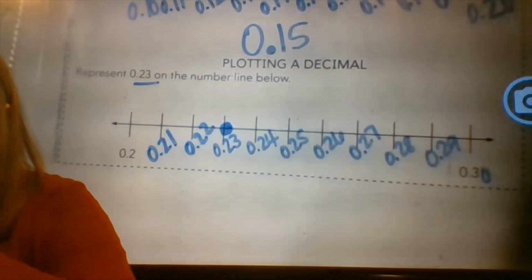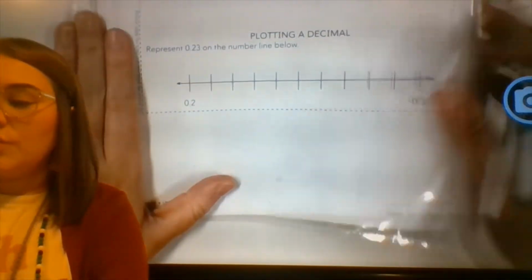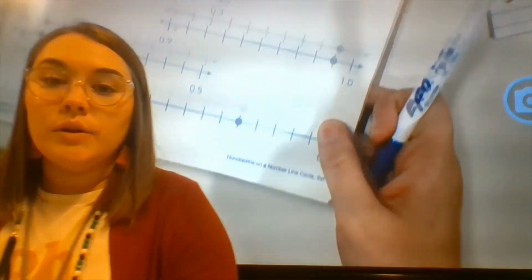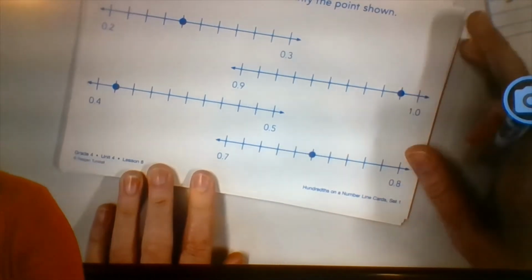All right, you guys. So today, for your assignment, if you're in my homeroom, you're going to be doing the work with me because of our technology problems. That happens way too often. But if you are in another homeroom and you are watching my videos, your teacher should be giving you some cards or some examples of cards.